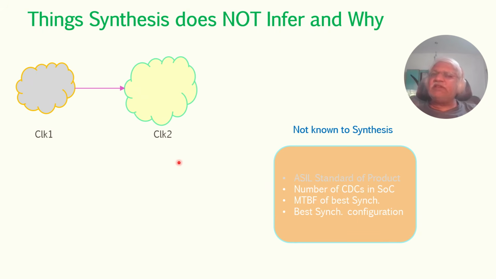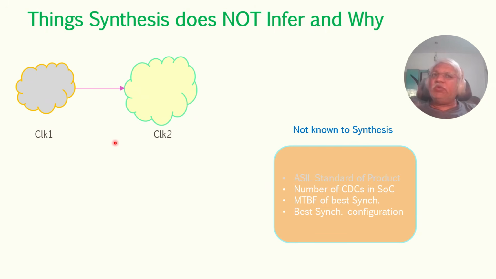So it has to use the data available in the IP data sheet, and extrapolate and figure out the MTBF of the synchronizer which should be placed between the cross domain.